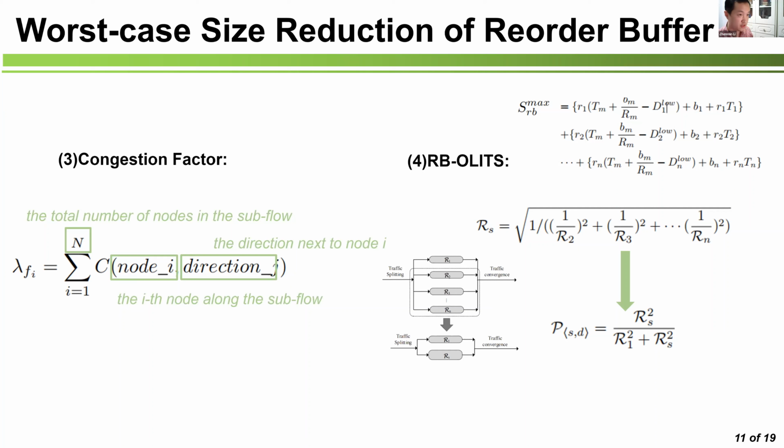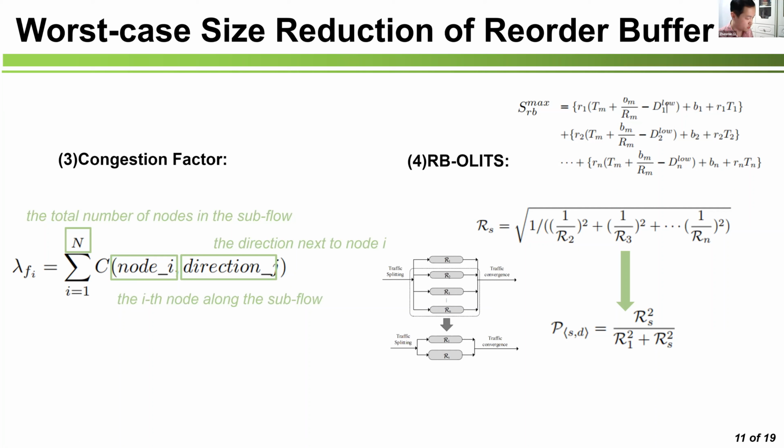Based on this observation, we further extend the previously developed OLITS method, which was also developed by our team. We extend it to use a novel congestion factor, so we get equation 20 in the paper. Here RS is the splitting proportion of subflow FSD.